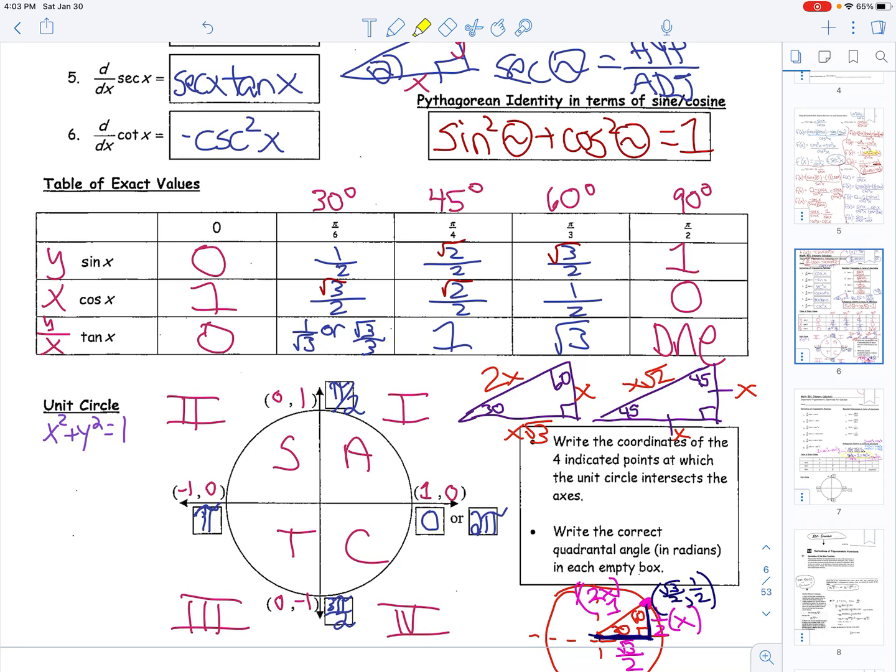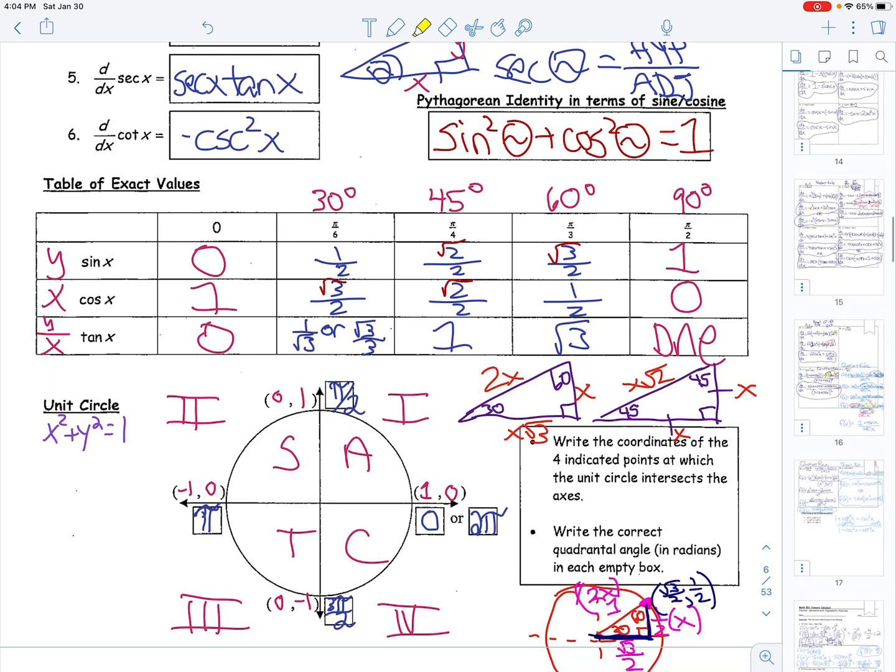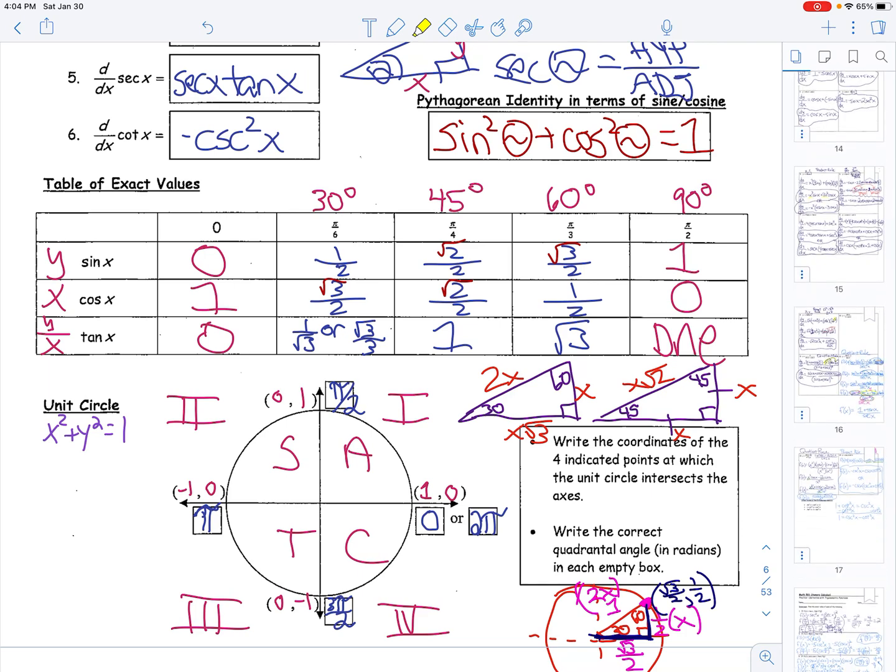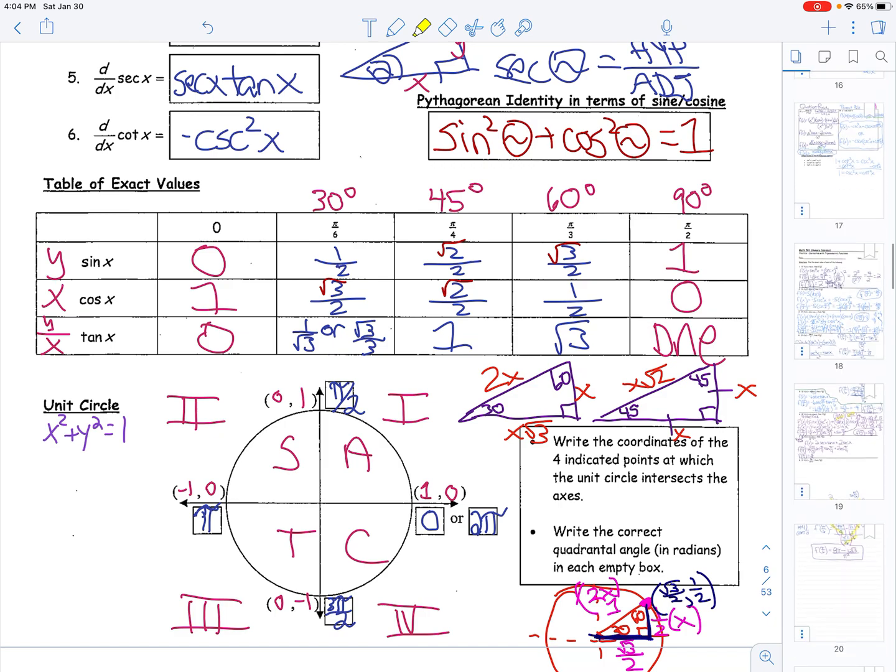And what was it? Secant pi over 4. Secant pi over 4 is the reciprocal function for cosine, right? So cosine pi over 4 is radical 2 over 2. So the secant of pi over 4 is going to be 2 over radical 2.